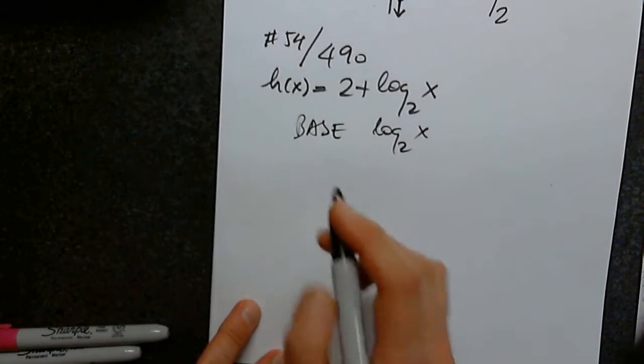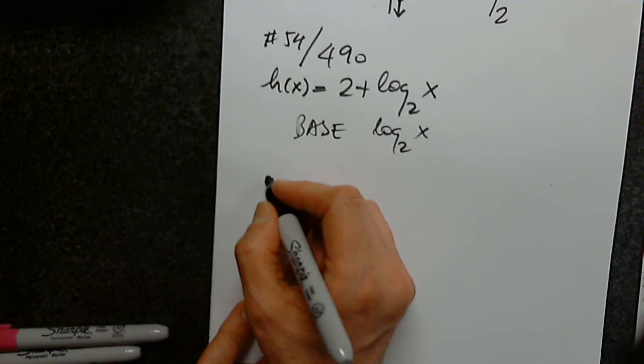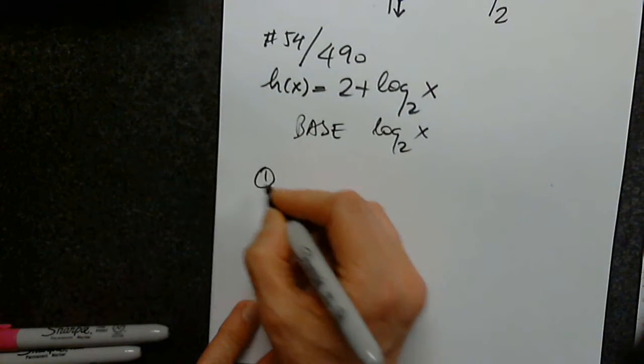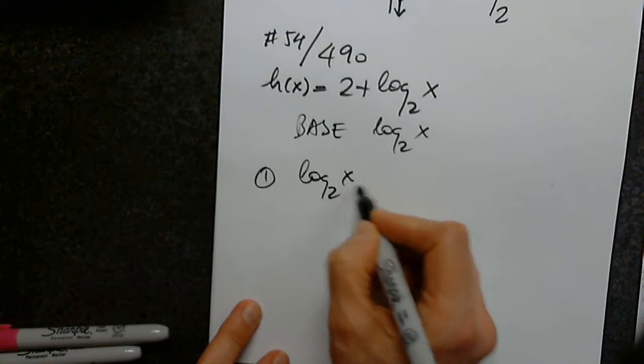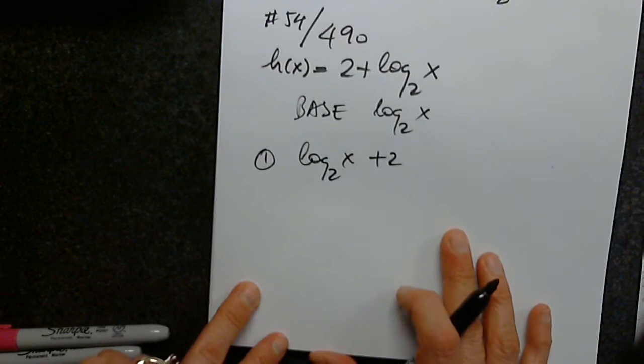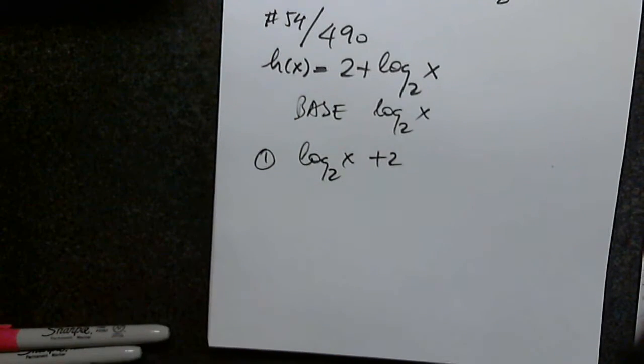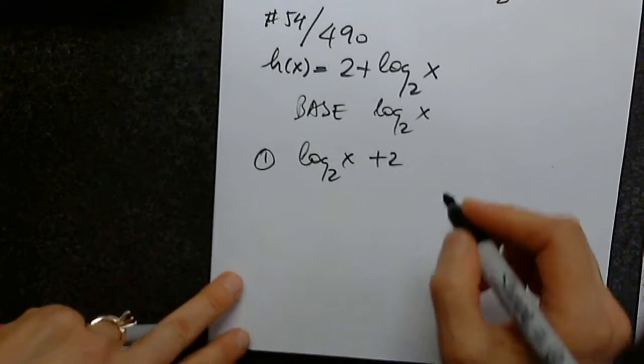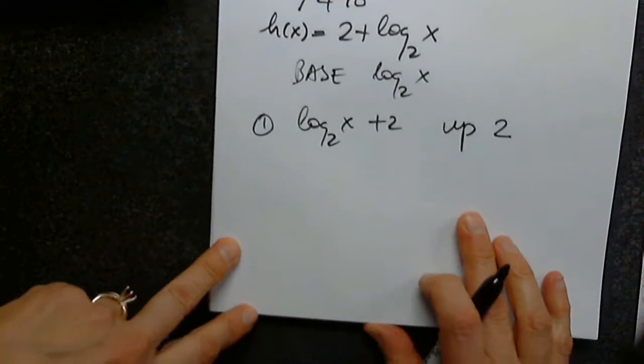What is the only transformation on this function? So log base 2 of x plus 2, which means, am I changing x or am I changing y? If you say x, it means left and right. If you say y, it means up or down. Very good. So this is up 2.